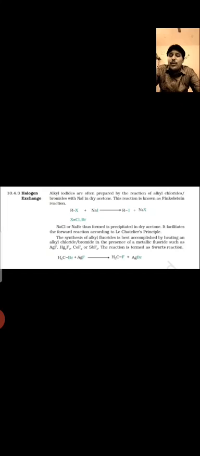Students, if you see both the reactions, they are simply based on double displacement reaction, yes or no, which we studied in class 10. So it's very simple, right? Students, see one more thing: this is very common and important, it always creates a disturbance. There is a confusion when we ask about Finkelstein, many times students write Swarts, and for Swarts many times they write Finkelstein.